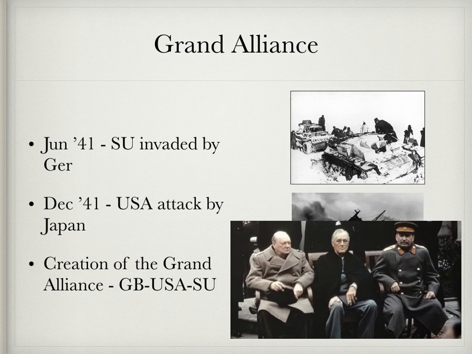We have the United States with Franklin Delano Roosevelt, and the Soviet Union with Joseph Stalin. Now, as you're going to see, Churchill and Stalin will really not get along at all. The United States will always be seen in the middle of these pictures. Roosevelt will be seen sitting in the middle here as a buffer between Churchill and Stalin.